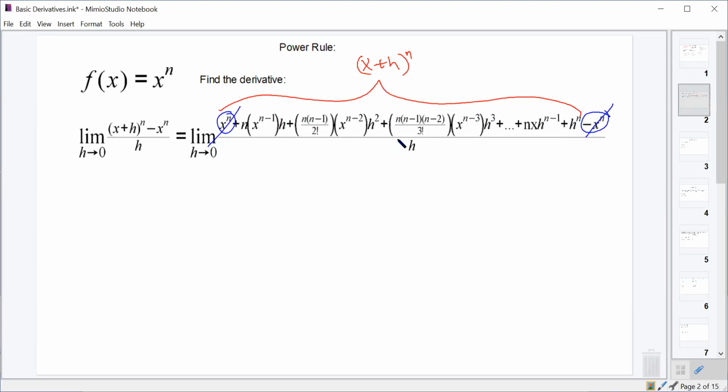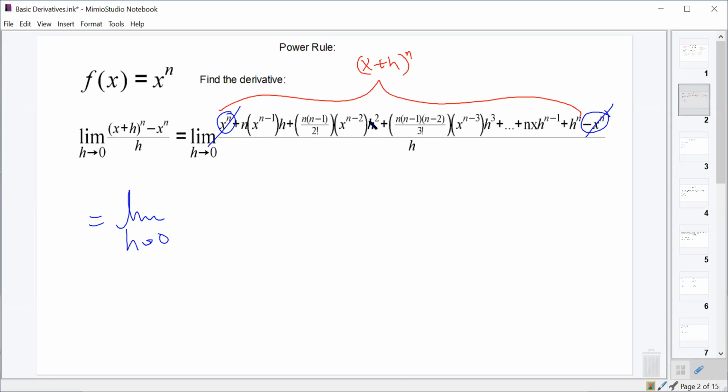Okay, cool. So now that I've canceled out everything that doesn't have an h, and I do have an h in the denominator, what can I do to every term in the numerator? Should be able to divide them all by an h, shouldn't I?